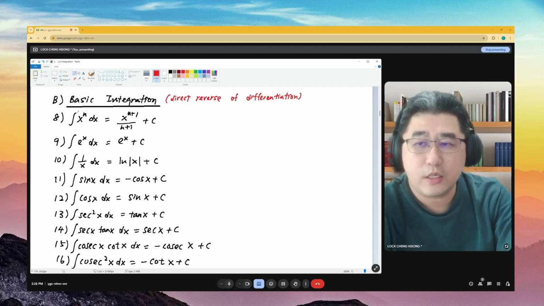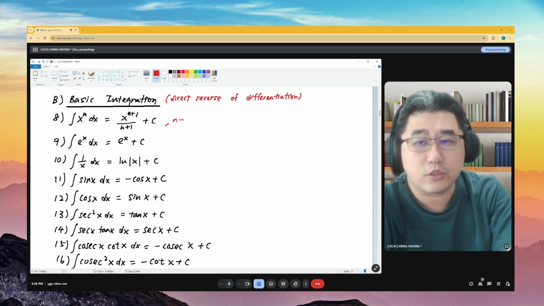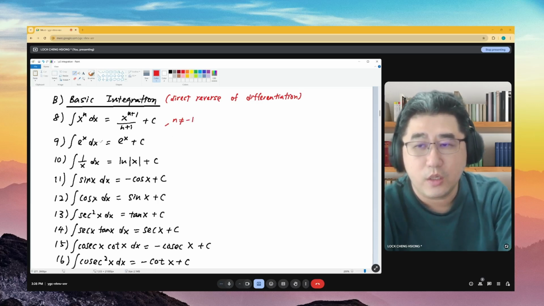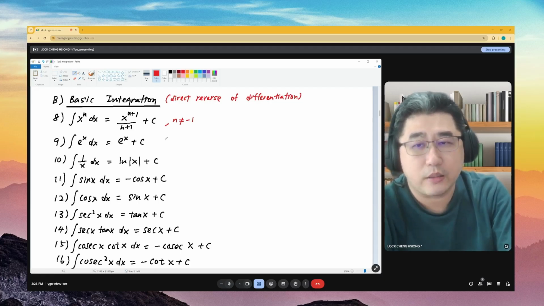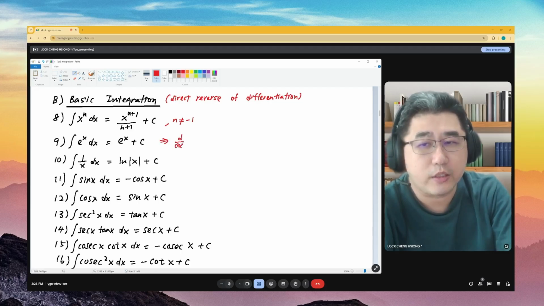Number 8 says the integral of x^n gives you x^(n+1) over n+1, provided n is not equal to negative 1. Number 9 says the integral of e^x goes back to e^x. This is what I meant by a direct reverse of differentiation, because we know d/dx of e^x goes to e^x.